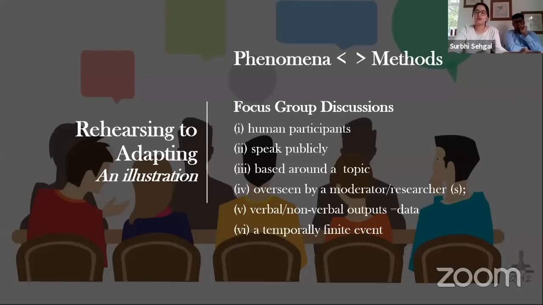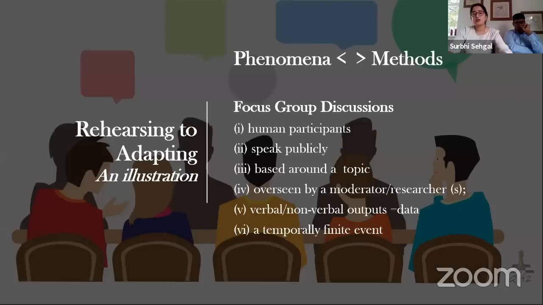The number can vary from 8 to 15. Within this group you broach this particular topic that is of interest to you as a researcher, and the group comes together, speaks, and talks about this topic in public.